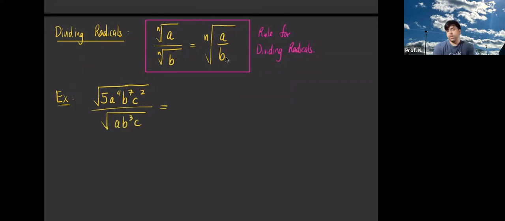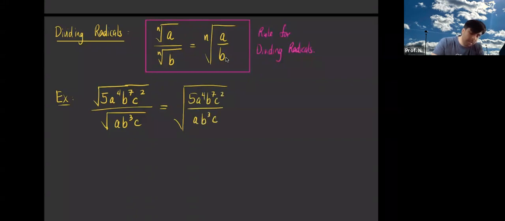If I have such a thing, then based upon the rule, I could take the square root of 5, a to the fourth, b to the seventh, c squared divided by a b cubed c. So the a's here become 3's, the c's here become 1's, and these here become 4's. So then I get this now. The square root is still there. I'm left with 5a cubed, b to the fourth, c.